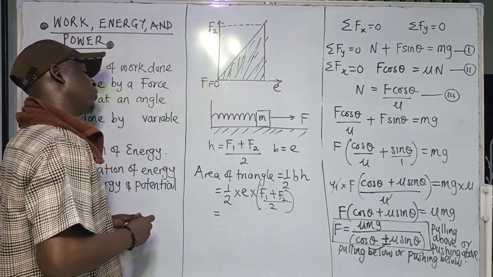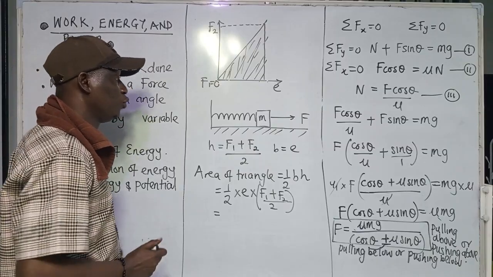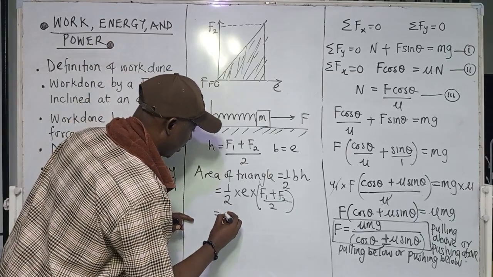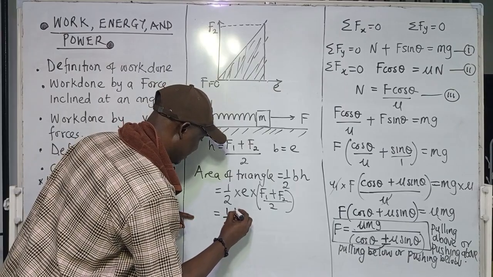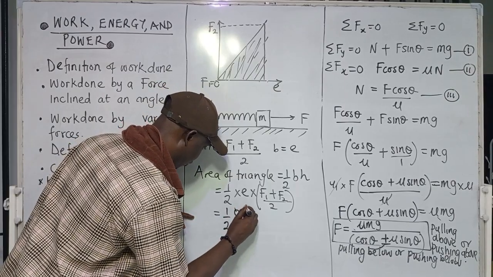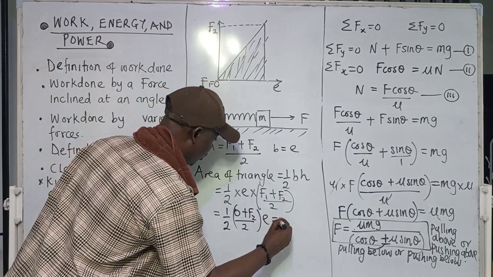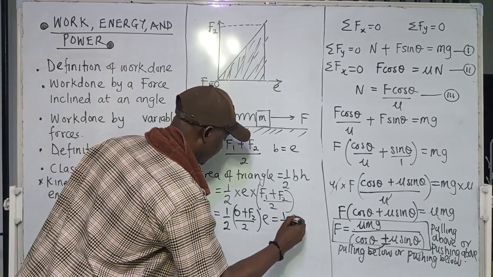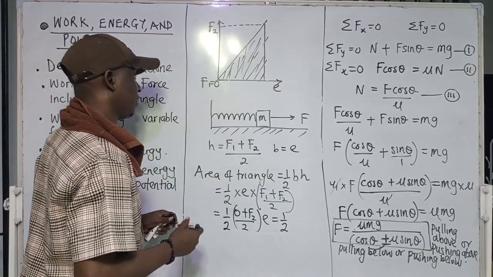So since F1 is 0 and F2 is not 0, if you put it in there, you're going to have half times, let's say F1 is 0, 0 plus F2 over 2 times E. This is the average force.